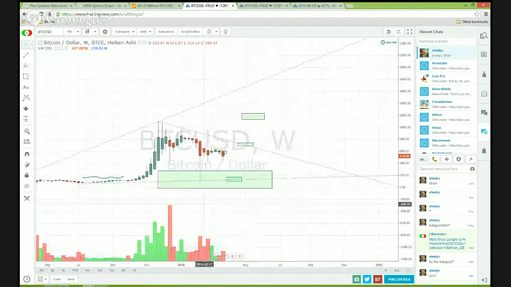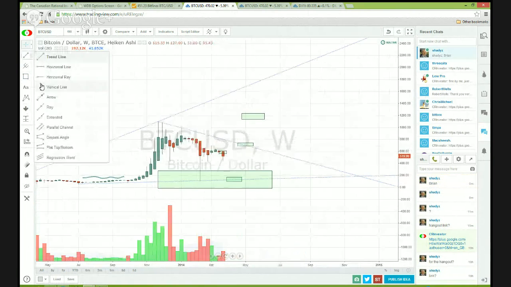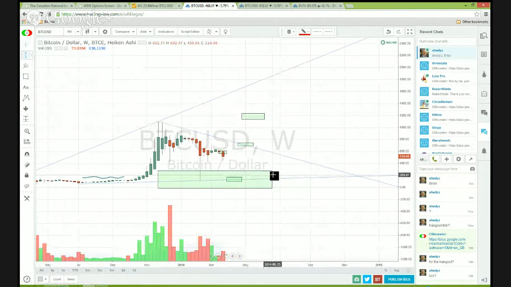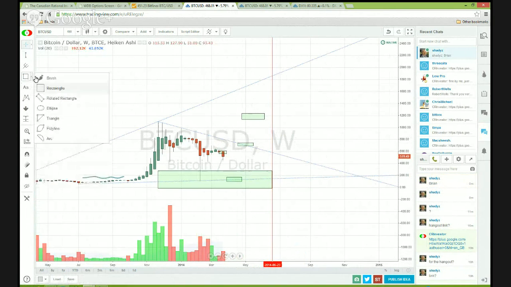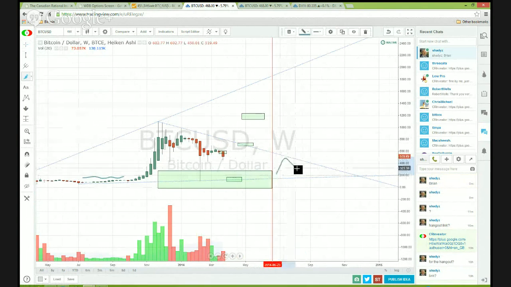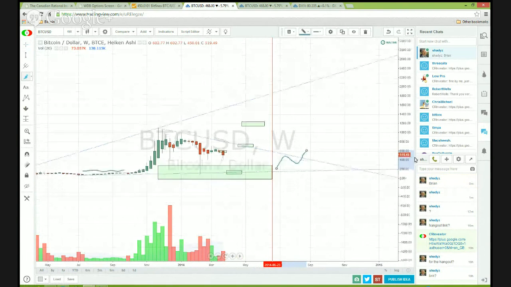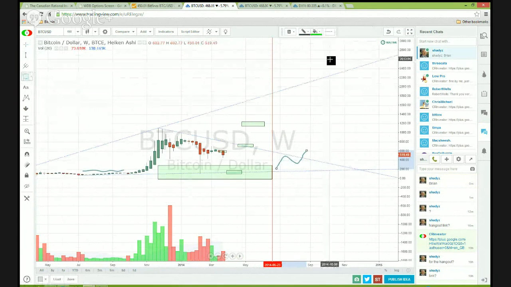If these cycles continue, our next cycle turn will probably be somewhere here, and your signal to get long will probably come somewhere in here. It would probably break out like that, and your next technical target is way up here, somewhere along this trend line.